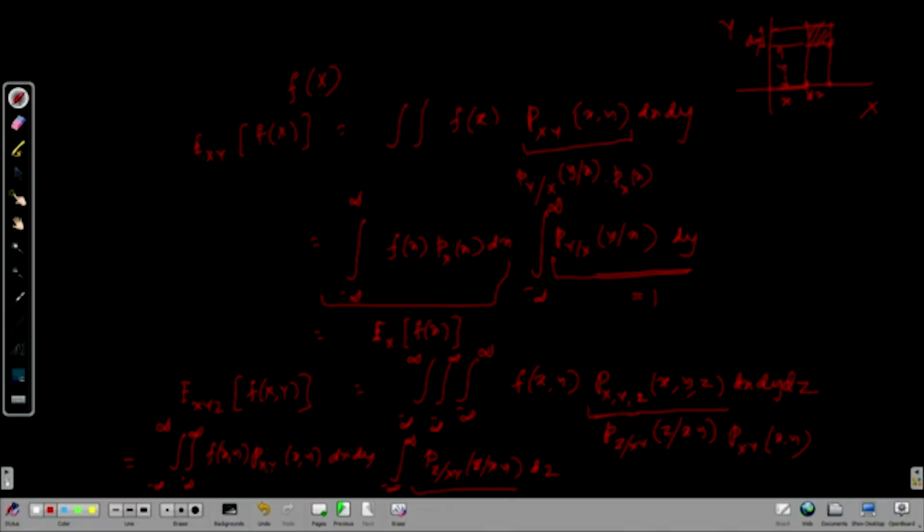Again this is equal to 1, because you are constraining capital X and y to fall within a certain area. Under that, the probability of capital Z occurring from small z to dz was this much. And now the integral is, under the same constraint, the probability of capital Z lying from minus infinity to infinity. That will always happen. Capital X and Y may be constant, but even under that capital Z will always occur between minus infinity to infinity. That is certain to happen. So, its probability is 1.